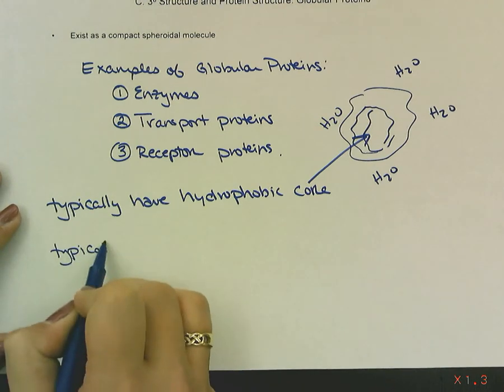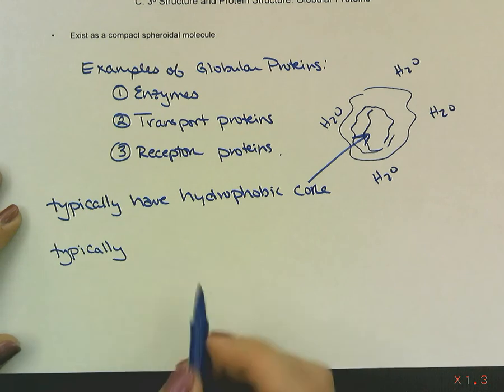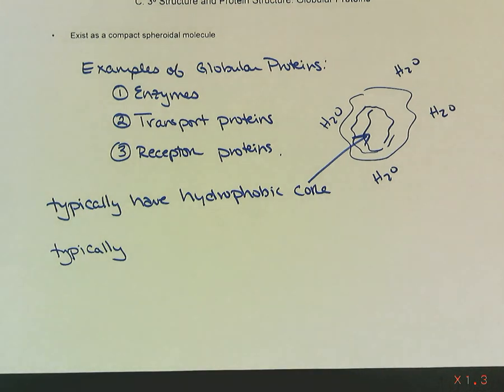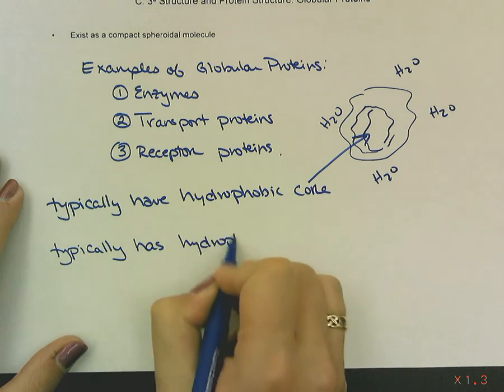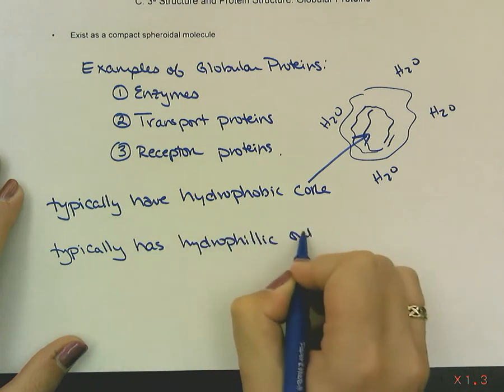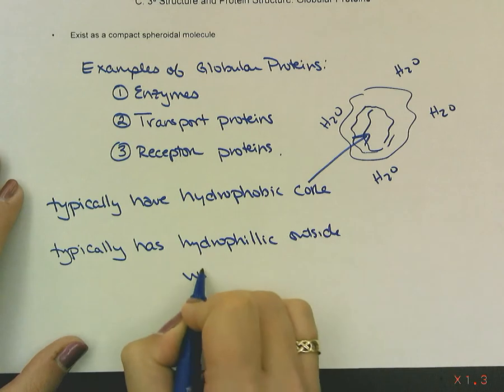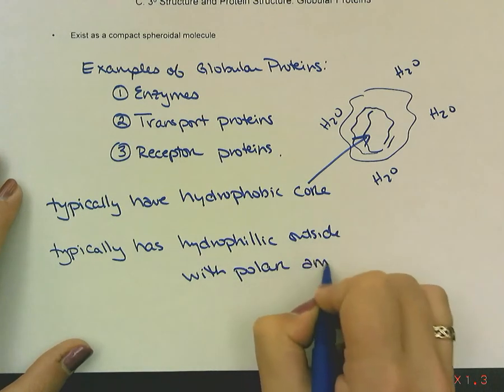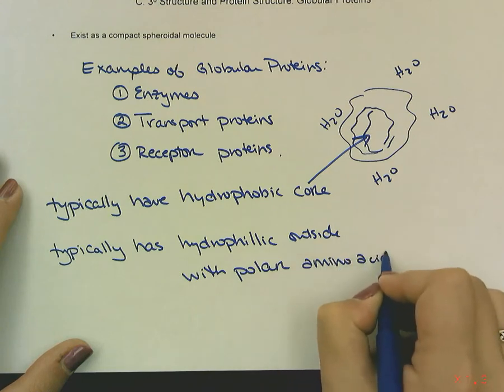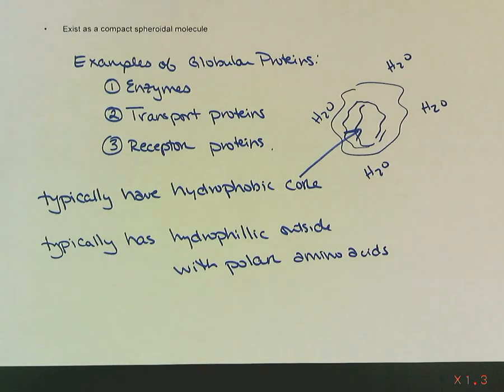Which means, is my surface going to be hydrophobic, hydrophilic, or polar? It could be more than one thing. So hydrophilic and polar are good on the outside.